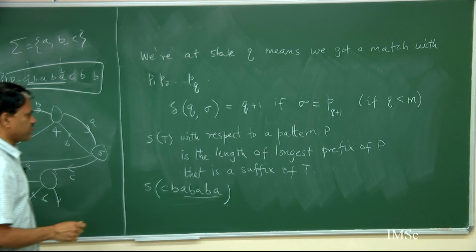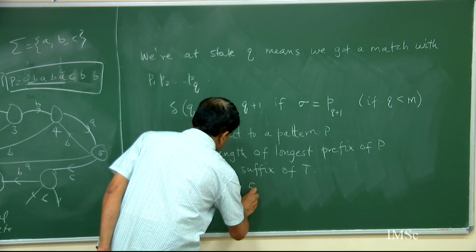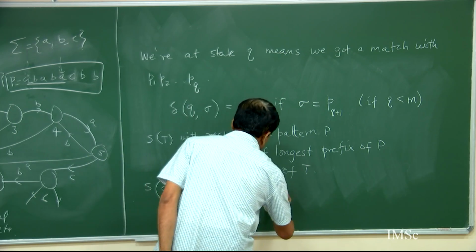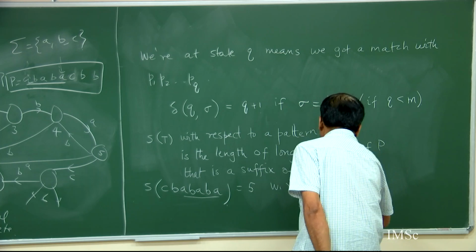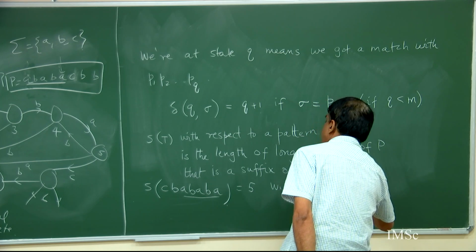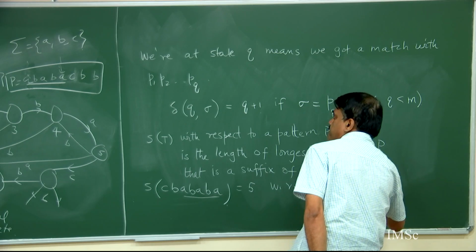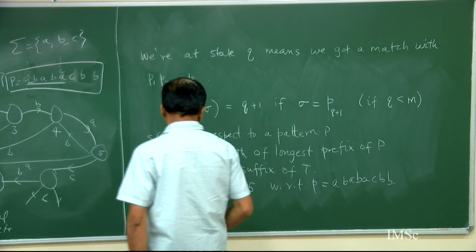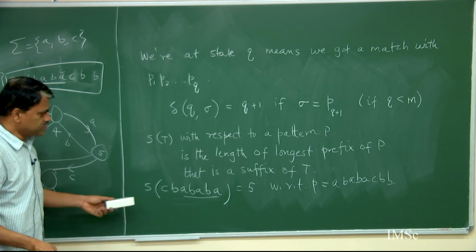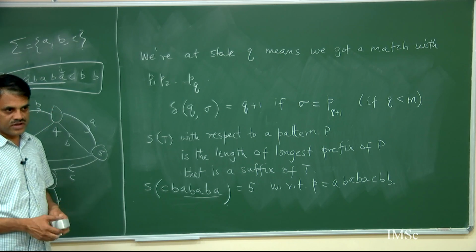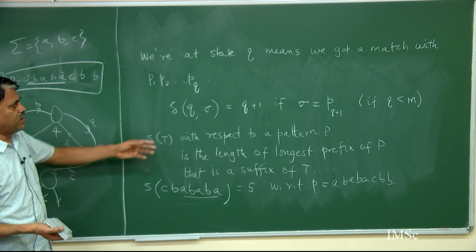So this is 5 with respect to the pattern. So it is the length of the longest prefix of my pattern, which happens to be the suffix of the text, right.